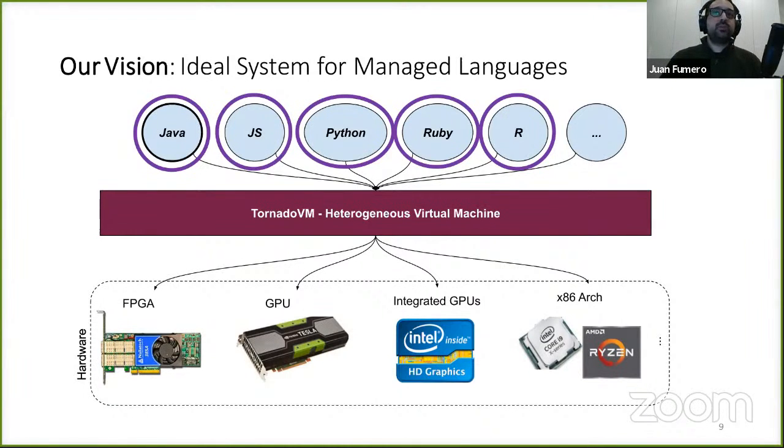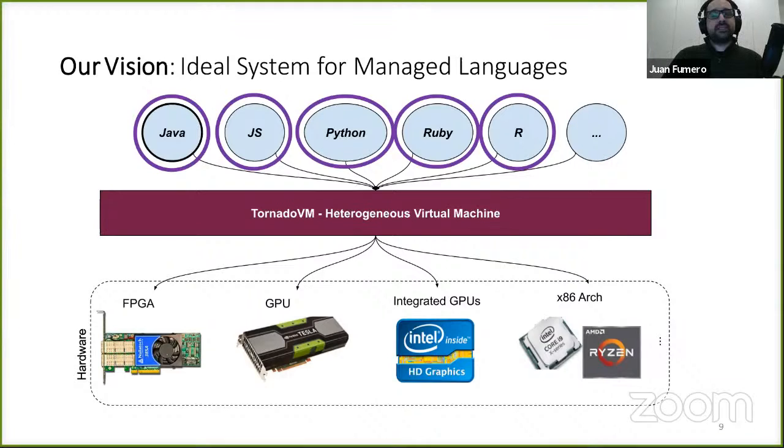To do that, we provide what we call a heterogeneous virtual machine. It's a virtual machine that is capable of offloading code to the correct platform and executing it efficiently, and even more, doing task migration.